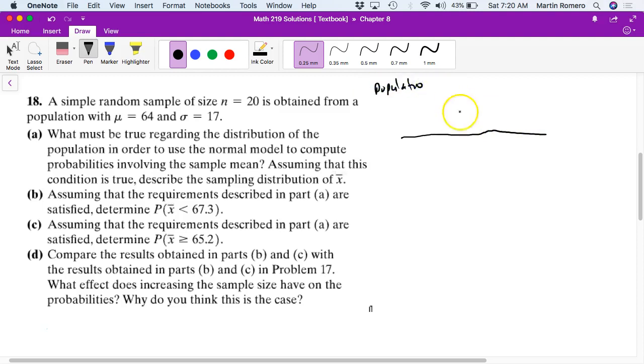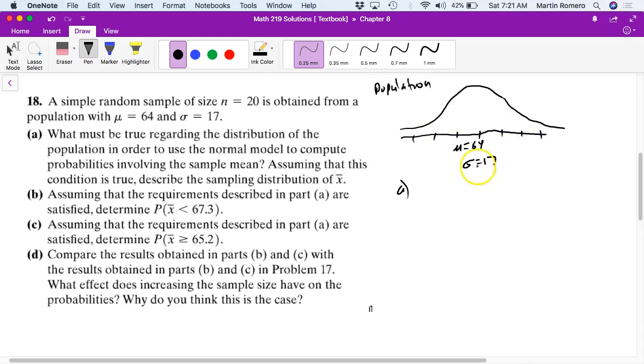So we're trained now to just go ahead and draw a normal curve. Again, this is the population. And so we know the mean is 64, standard deviation 17. And then we can mark off, of course, the standard deviations and so forth.